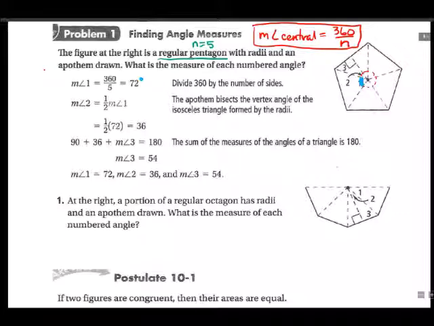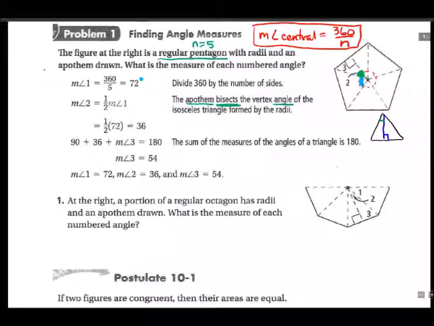Now next is angle 2. And angle 2 is this little angle right here. Now how do we get that? Well, if we draw two radii and the side, and we drop the apothem down and it's perpendicular, the apothem bisects this central angle.